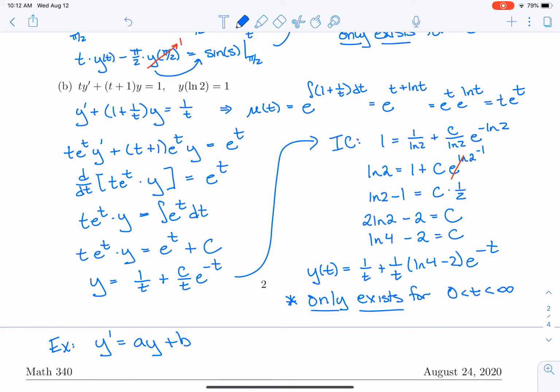We've done this one on our own, and y of 0 is going to be y sub 0. Try doing that on your own, okay? You might want to rewrite the equation as y prime minus ay equals b, and solve this using integrating factors so that you can see you'll get the same solution that we did using our guess and check method.